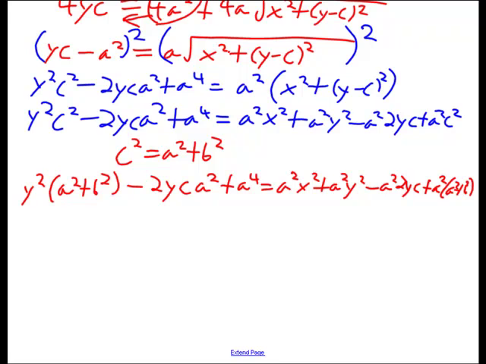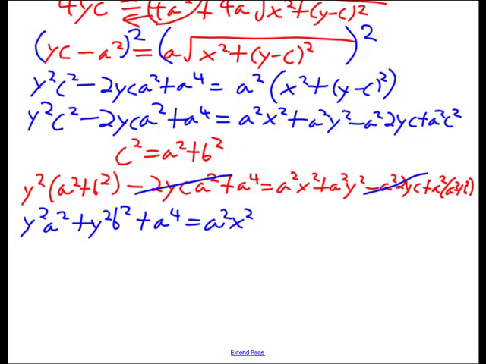And again, that gets kind of sloppy, but you may notice that we can cancel a 2yc a squared. And then if we go ahead and distribute through the parentheses, we'll get y squared a squared plus y squared b squared plus a to the fourth equal to a squared x squared plus a squared y squared plus a to the fourth plus a squared b squared.